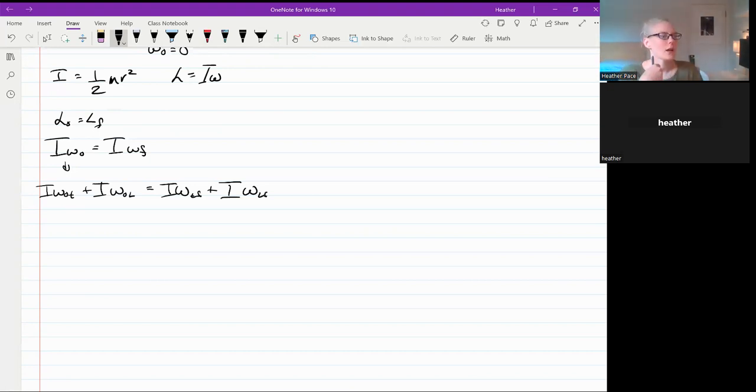But we know that the turntable and the lady at the beginning aren't moving at all. So we got 0 right away. So this and this are both 0. So we got 0 equals I omega TF plus I omega lady F, which is great. We always try to get 0 on one side of the equation. It makes everything so much easier.